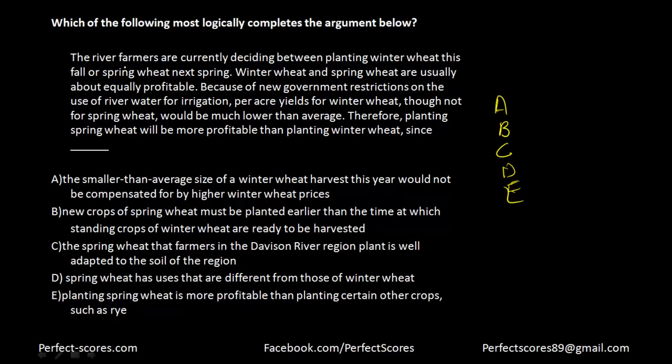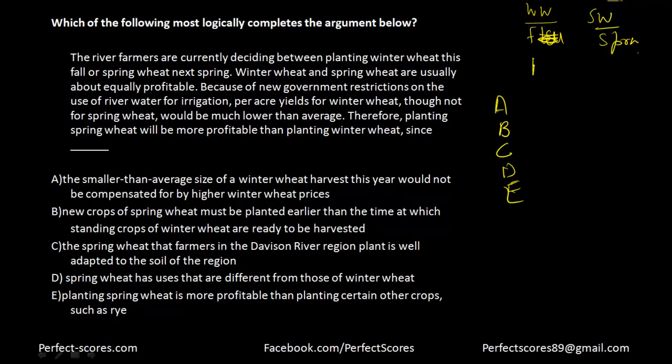So the argument says the river farmers are currently deciding between planting winter wheat this fall or spring wheat next spring. Alright, so we have this information: winter wheat this fall or spring wheat next spring.